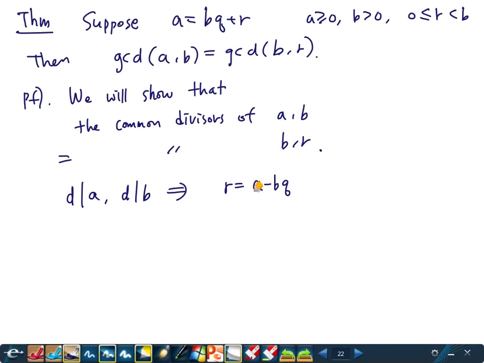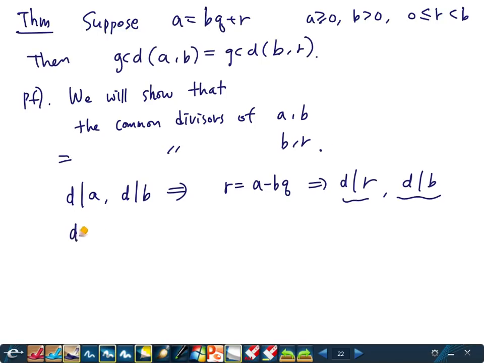D divides A, D divides B, so D must divide this, because it's the difference of multiples of D. So D divides R. But we already assume that D divides B, so D is a common divisor of R and B, right? This implies this. A common divisor of A and B is always a common divisor of B and R.